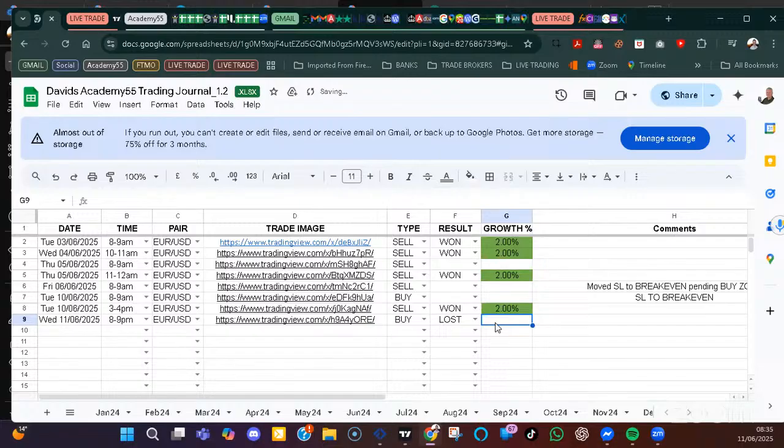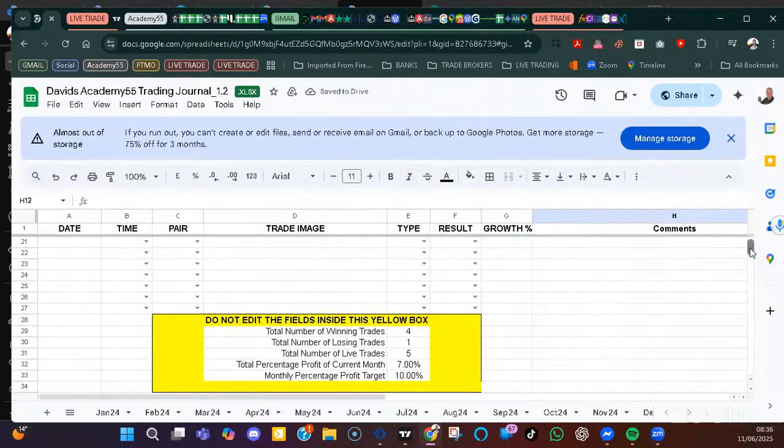So I lost 1%, which goes red. So that means I'm now at 7%. My monthly target is 10%. Like I say, it's no big deal. It's only 11th of June now, so I've got lots and lots of time. So I would want to look for the best probabilities I've got.